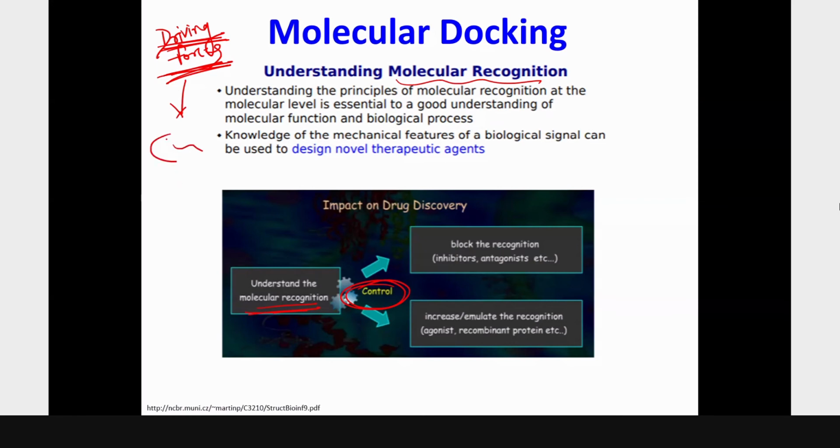So most of the time you can consider some kind of affinity between the different groups, and as you have given the example, hydrogen bonding is there, or electrostatic interactions are there, or van der Waals interactions are there. So you will know this in detail, and using these interactions you can control the process.